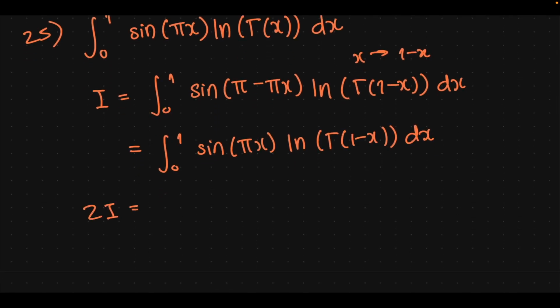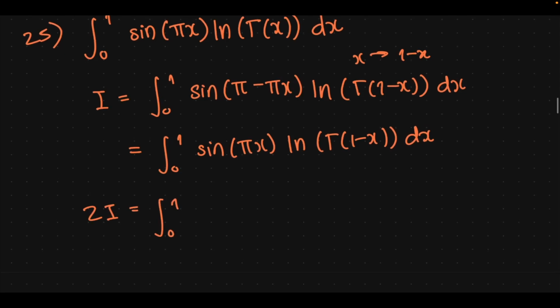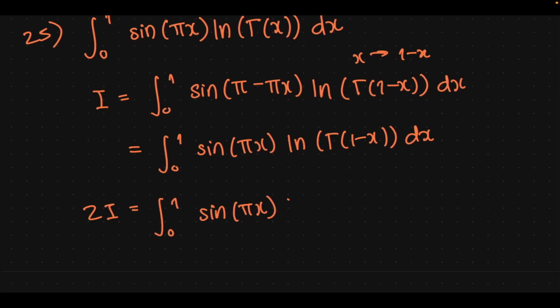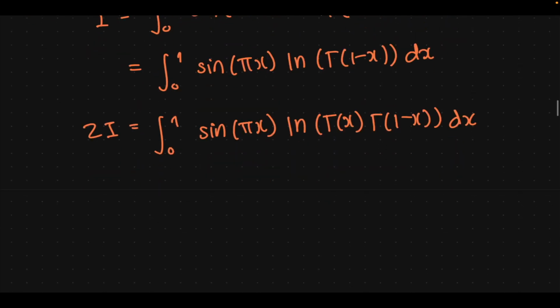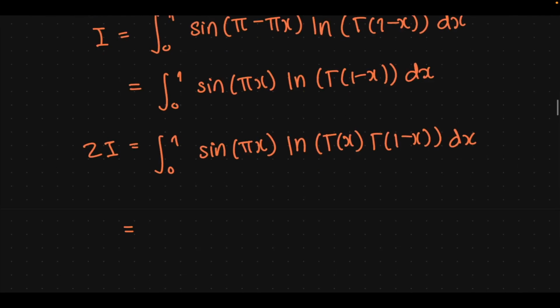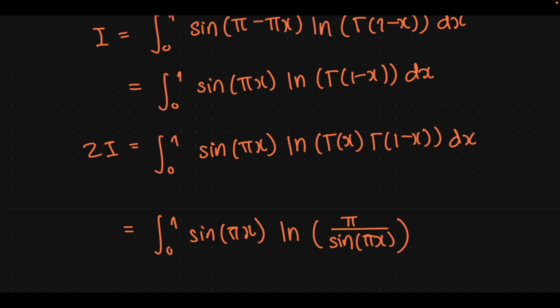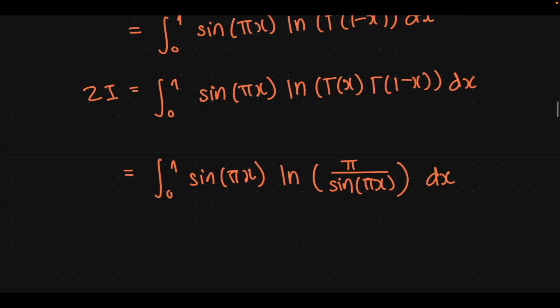So when we add them, we will have to multiply in the products, in the arguments of the natural log. Sine of pi x. We have natural log gamma of x, gamma of 1 minus x dx. And now we use the famous reflection formula for the gamma function to give us sine pi x as it is, and ln pi over sine pi x dx.